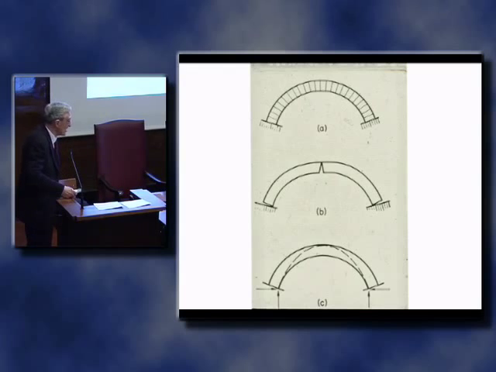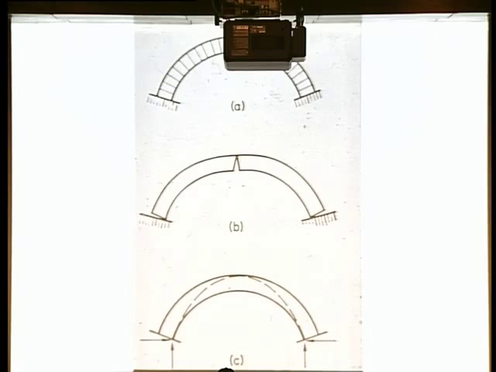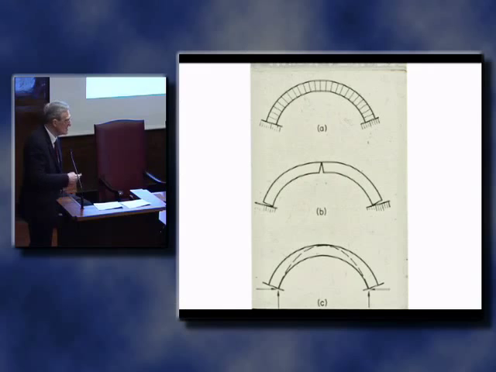Something has got to crack. If you impose a spread in the abutment, implied by this very much exaggerated second figure here, cracks will develop in this way, hinges, if you like, again grossly exaggerated. Though if you go under a masonry bridge on the river and look up at the centre, you will very often see such a crack, indicating that movement has taken place.